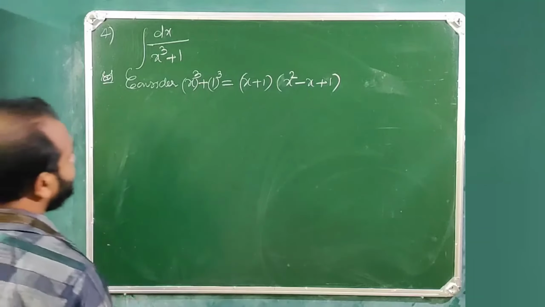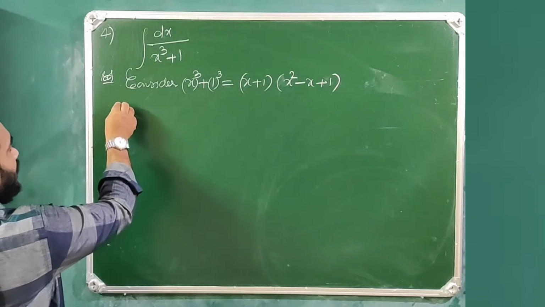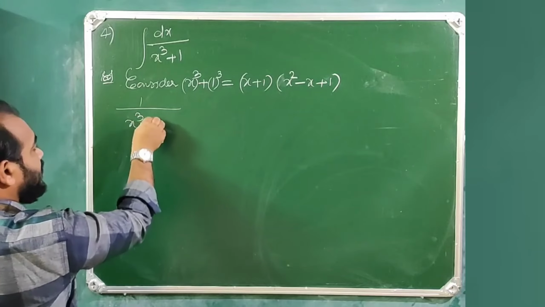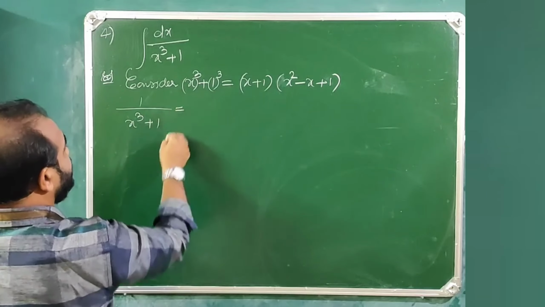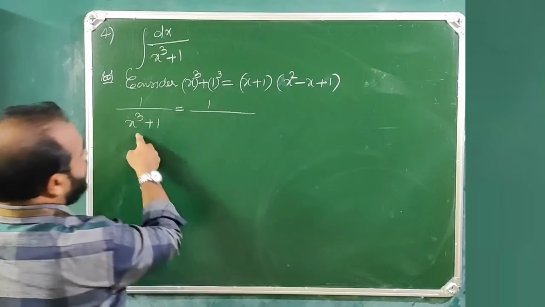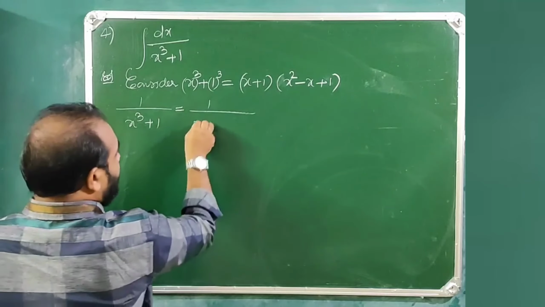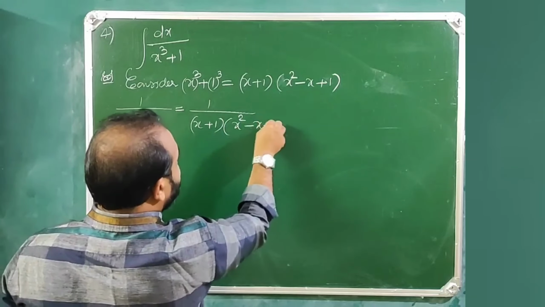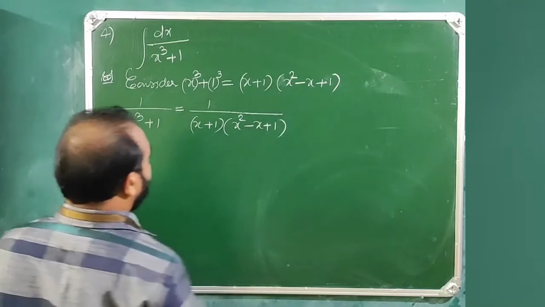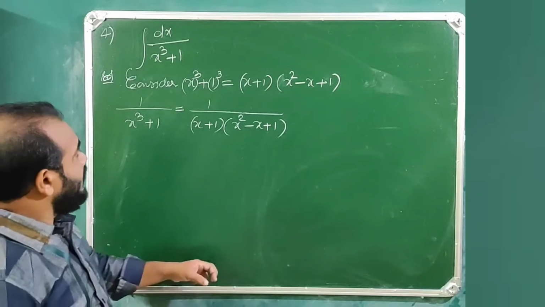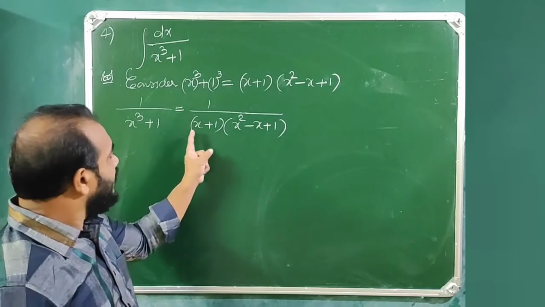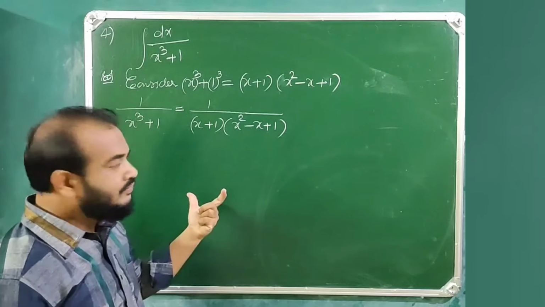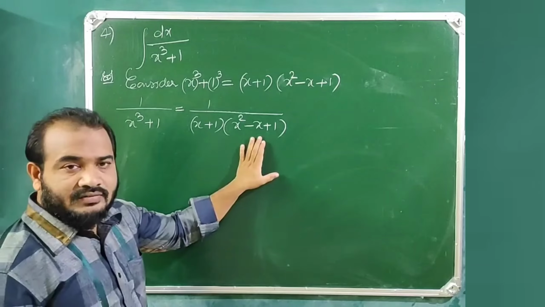So now take 1/(x³ + 1). This is equal to 1/((x + 1)(x² − x + 1)). Now the denominator contains x + 1, which is of the form ax + b, a linear factor, and a quadratic factor.